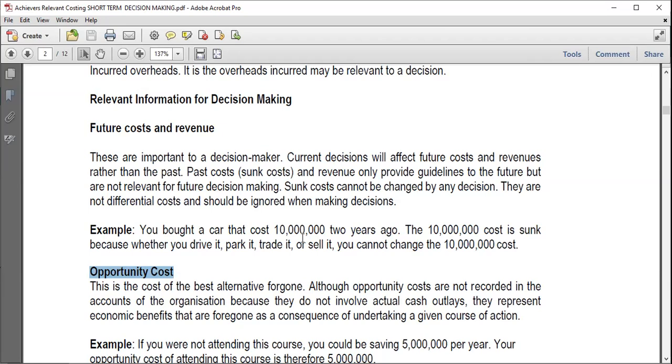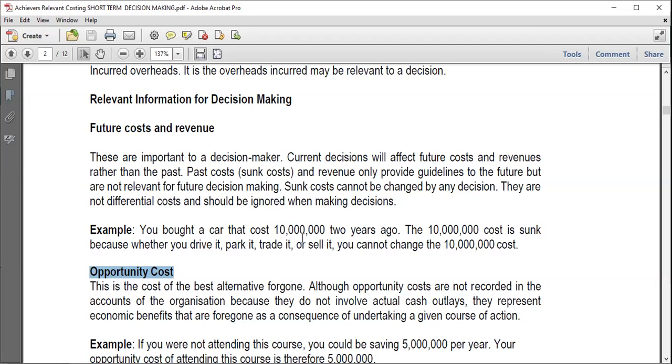Now, opportunity cost is also a relevant kind of information that supports us when we are making decisions. So in case the bread that we are going to forego, that we're not going to produce because we want to service this contract, was bringing a revenue of, let's say, 20 million.